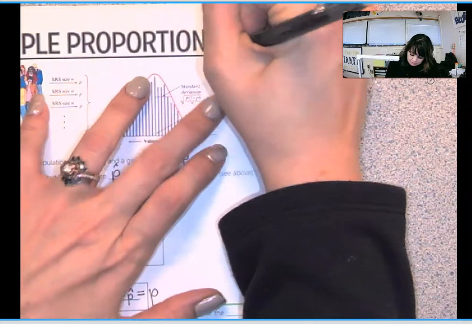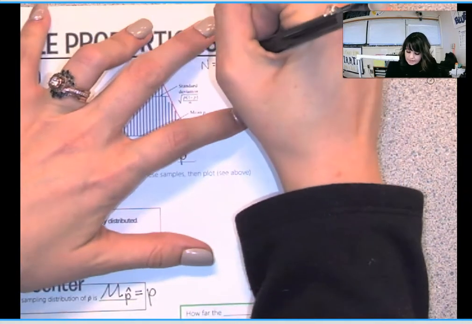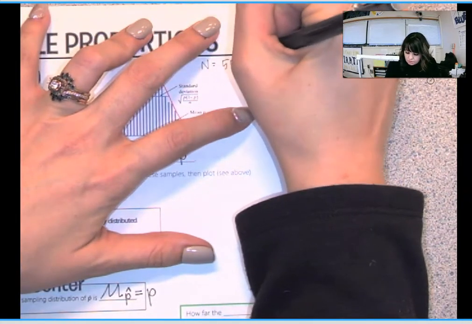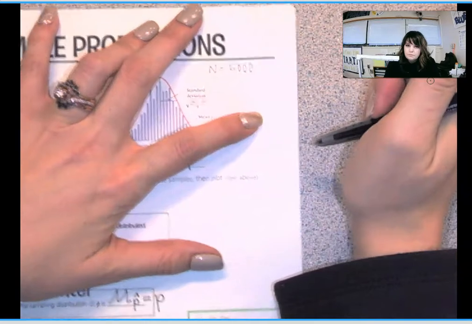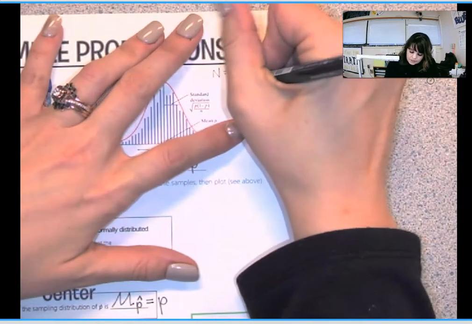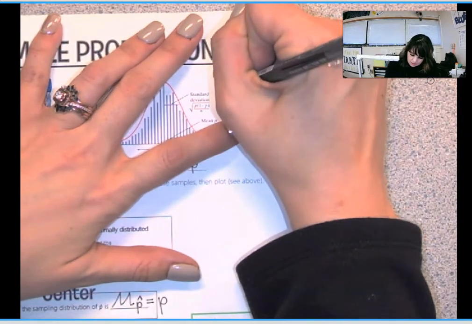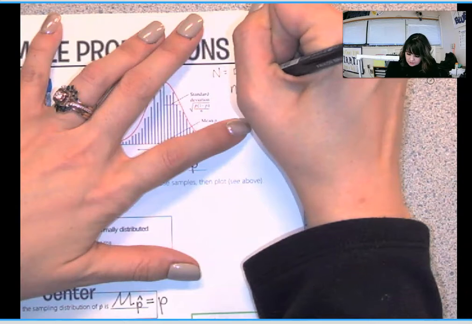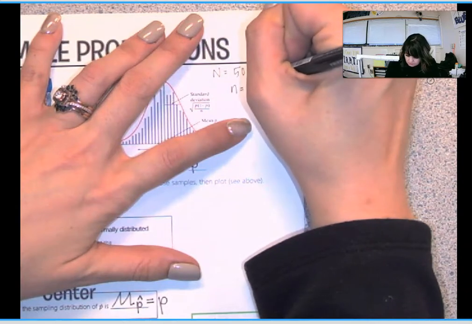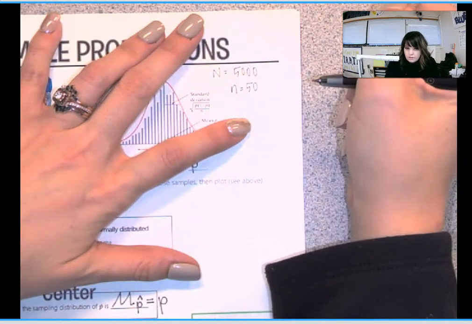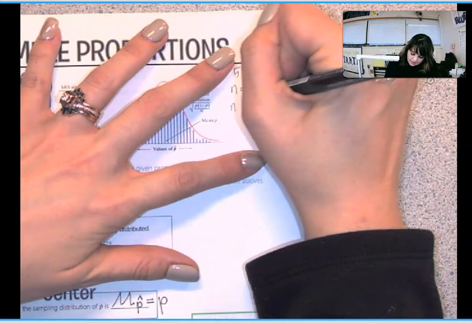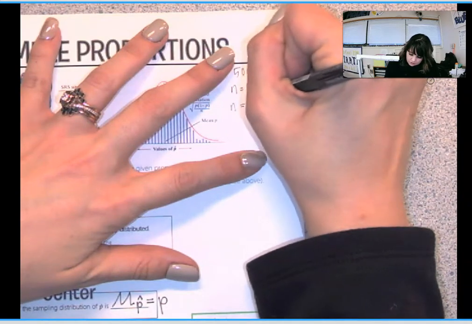So if your N is equal to, let's say, 5,000. Let's look at two sample sizes. Let's look at 50 and let's look at 600.